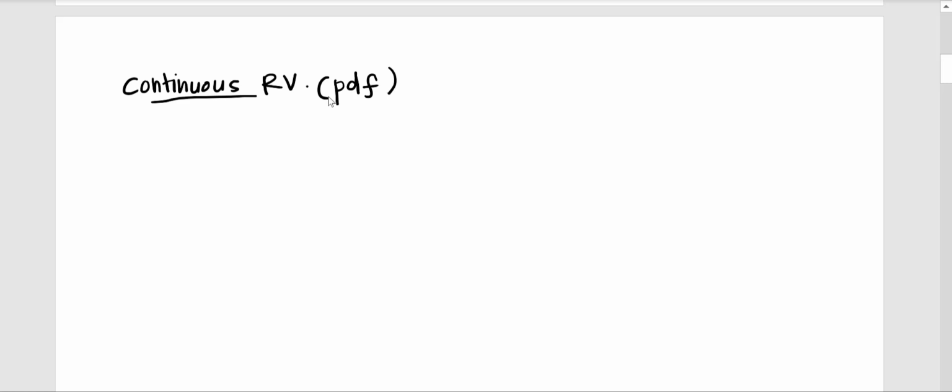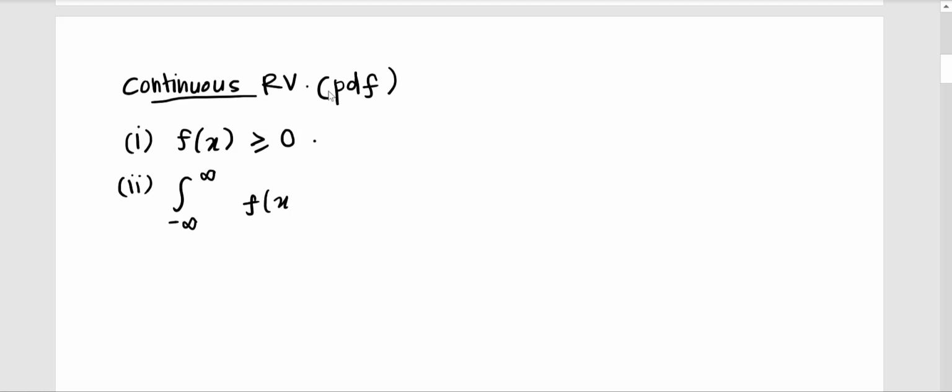There are three properties of the PDF of a continuous random variable. The first property is that the PDF is greater than or equal to 0. The second property is that the integration from negative infinity to infinity of the PDF with respect to x is equal to 1.